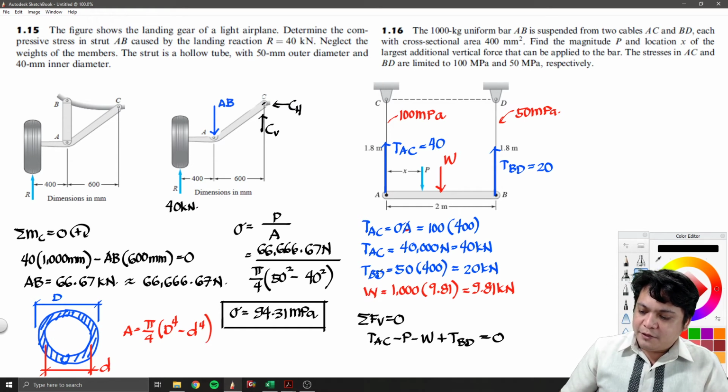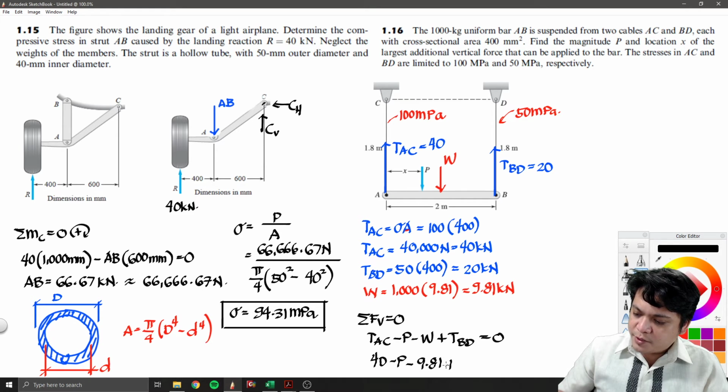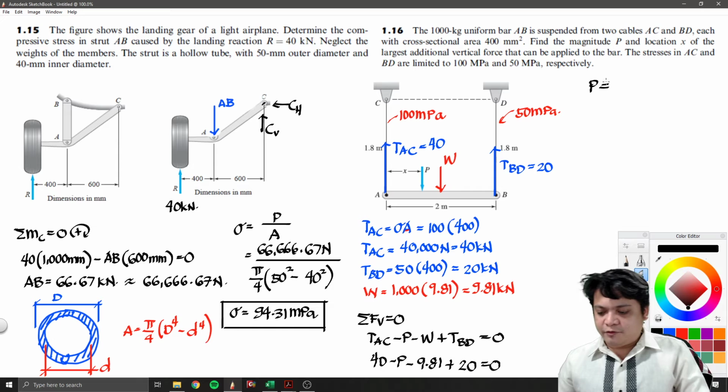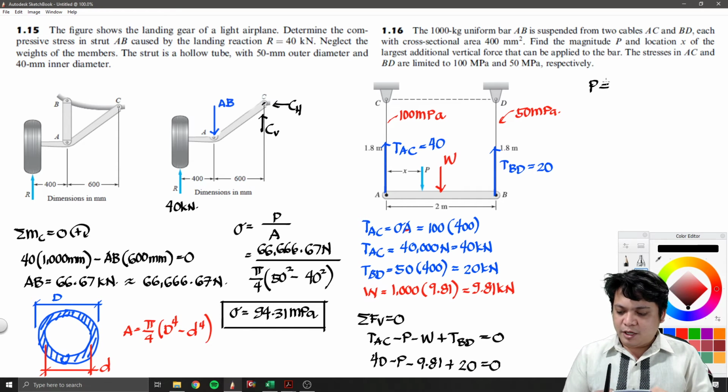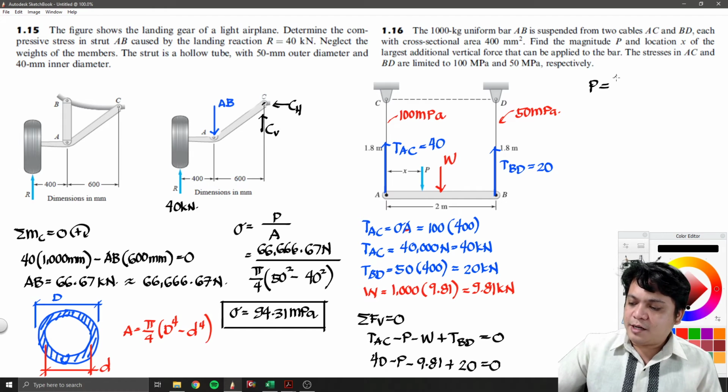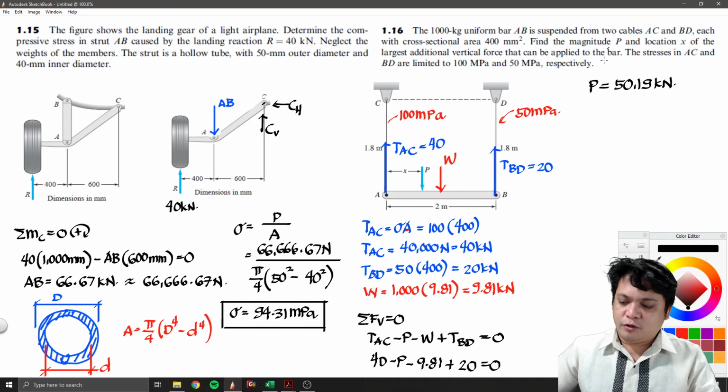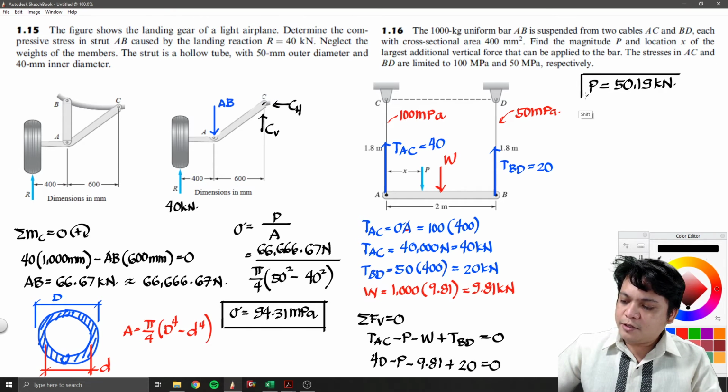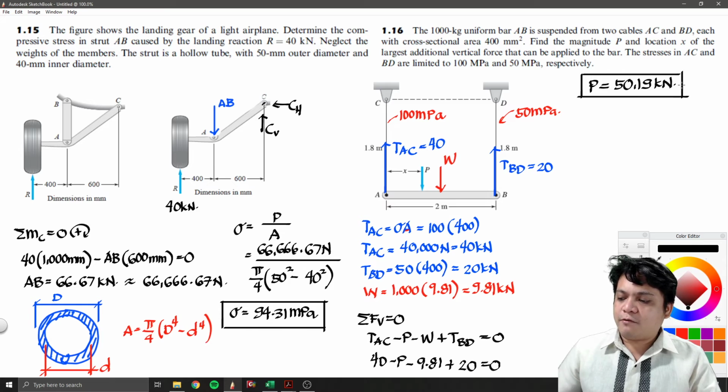So I will have 40 minus P minus 9.81 plus 20 equals 0. So you can now get the value of P: 40 minus 9.81 plus 20, and that's around 50.19 kilonewton. So this is the magnitude of force P.